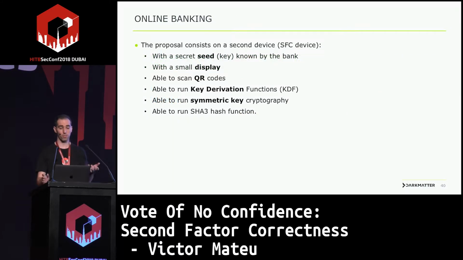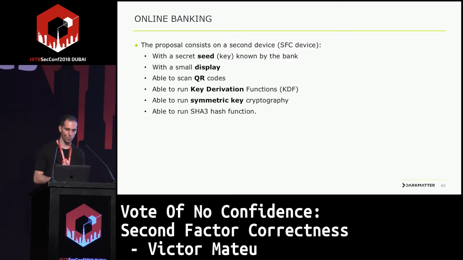For this reason, we designed a device which we call the SFC device, because of second factor correctness. This device has a secret seed, a small display, a QR code reader, and it is able to compute some cryptographic operations.